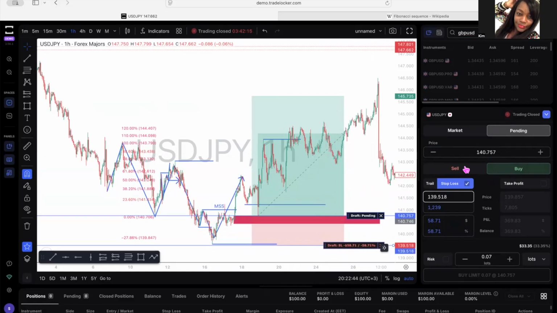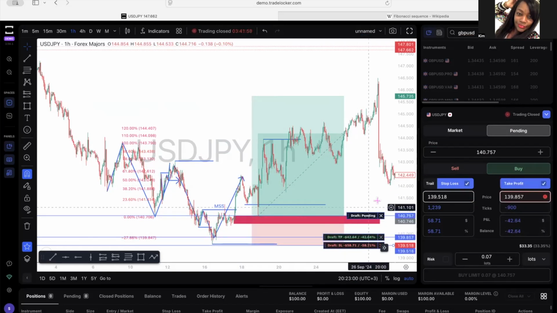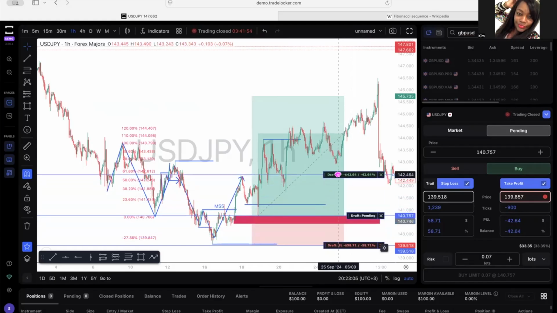I knew that because, as you can see, the sell was in a positive instead of a negative. So I should be on buy. That means with my stop loss, I would lose $58 if I'm on a 0.07. And then I'm going to take my profit to, so if you want to take it here, that's $80.